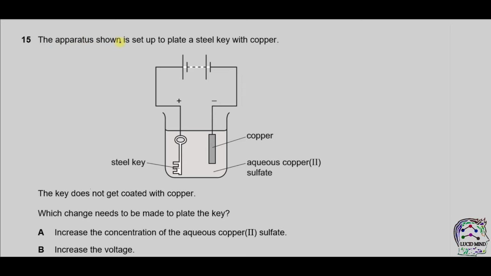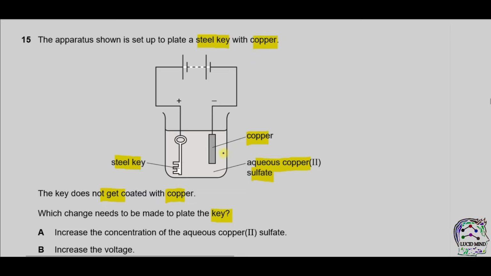Question 15. The apparatus shown is set up to plate a steel key with copper. We have this copper and we have a steel key that is attached at the electrodes. The solution is aqueous copper(II) sulfate. The key does not get coated with copper. Which change needs to be made to plate the key?